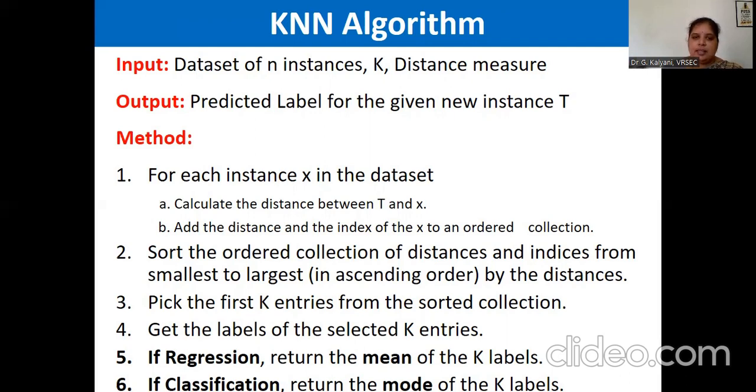After selecting the k instances, step 4 is to get the k labels from those selected instances. Then either step 5 or step 6 will be applied depending on the task. If it is regression, go for step 5. If it is classification, go for step 6. So regression makes use of the mean of the k labels, and classification makes use of the mode of the k labels, that is the majority label.